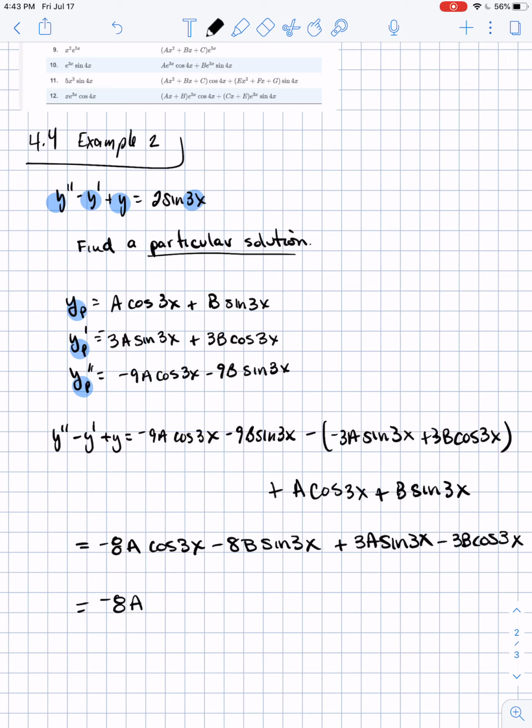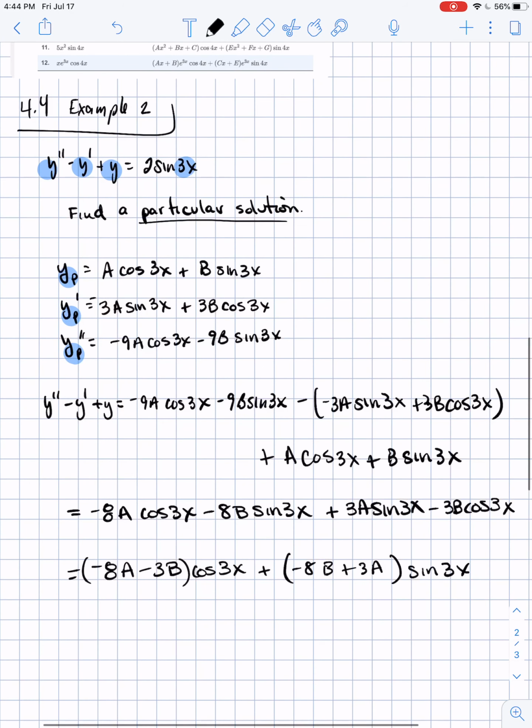So I have negative 8a minus 3b with my cosine 3x, plus negative 8b plus 3a sine 3x.